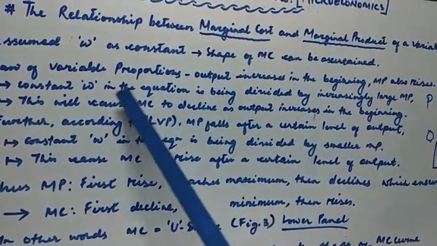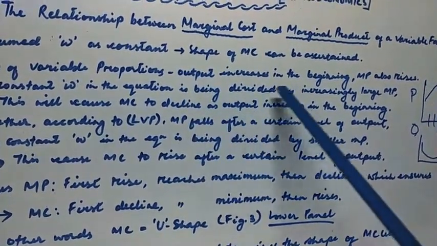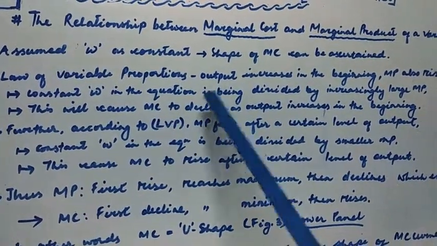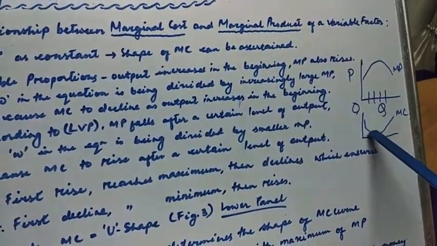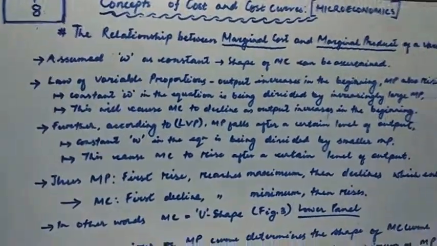So the constant W in the equation, if it is being divided by an increasingly large MP, this will cause MC to decline as output increases in the beginning. So that is the first stage.